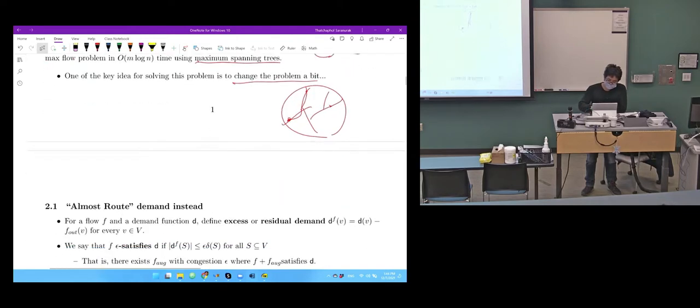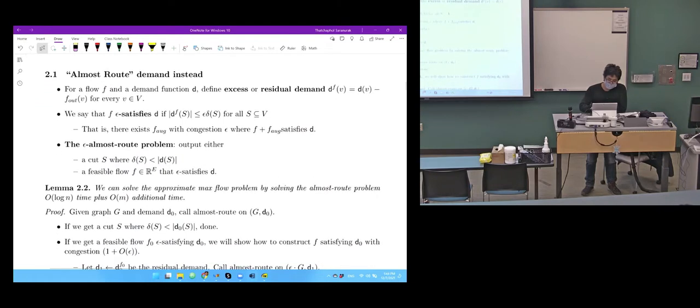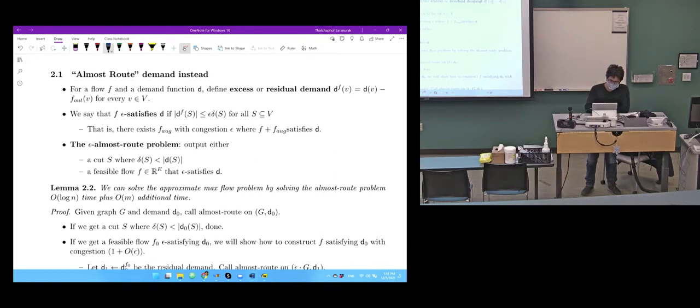Before I define the new problem, let me define some new definitions. Suppose that I have the demand D and the flow F. So think of you have a demand and you try to route some flow already, and suppose that this flow doesn't really satisfy the demand exactly.